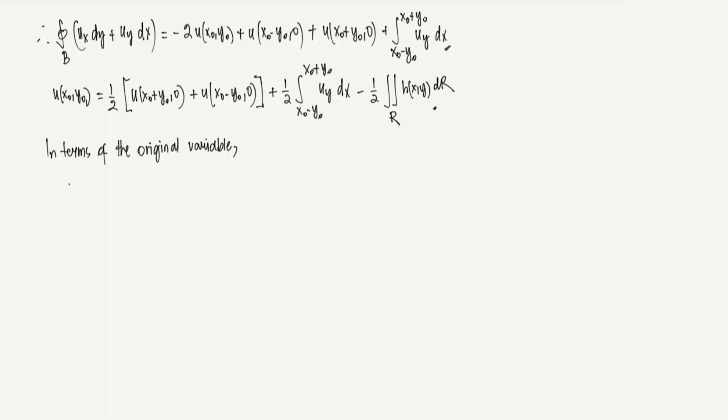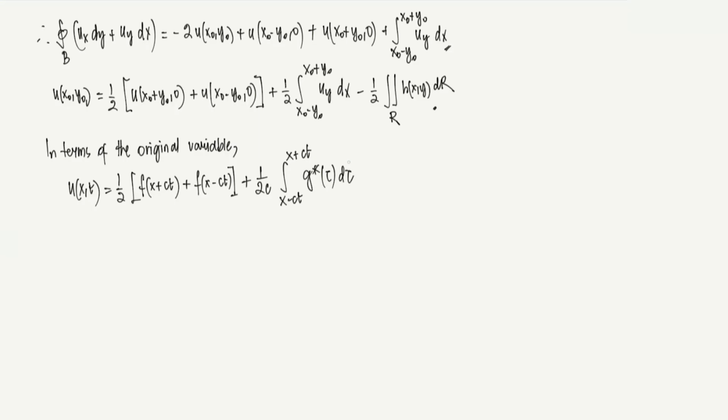We get u of x,t. This is nothing but half of f of x plus ct plus f of x minus ct, plus 1 by 2c times the integral from x minus ct to x plus ct of g star of tau d tau.